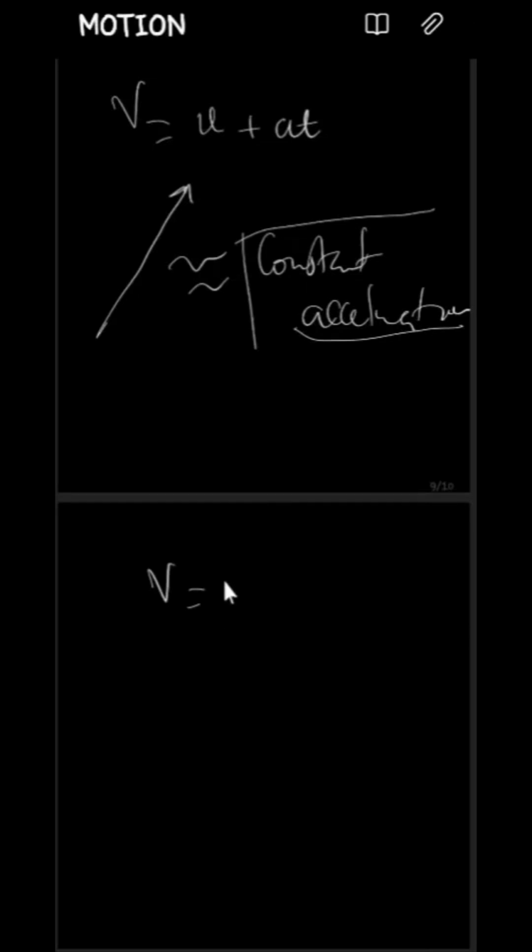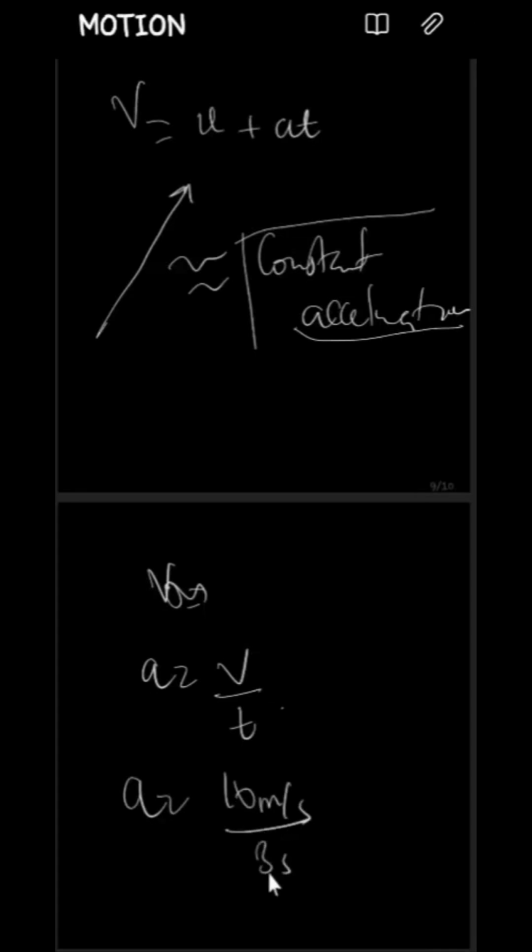Acceleration is a change in velocity over change in time. We know our velocity is 10 meters per second and our time is 3 seconds. So our acceleration is going to be 10 divided by 3, that is going to be 3.33 meters per second squared, right?